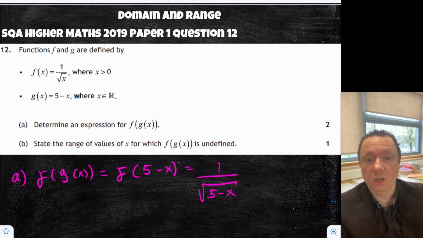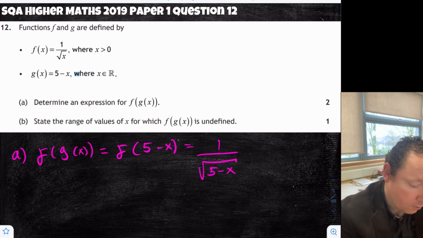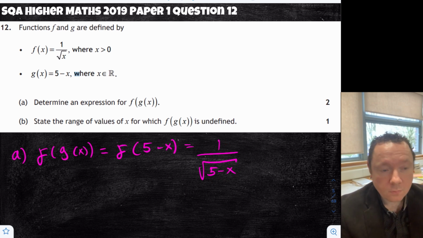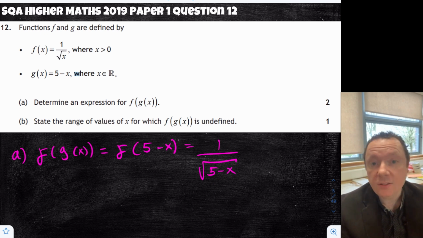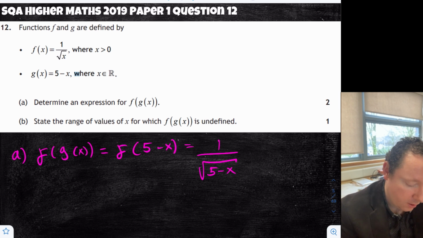And we're done there. Part B, state the range of values for which f of g of x is undefined. Well, it's undefined when either this is 0, because you can't divide by 0, or when 5 minus x is less than 0, because you can't square root a negative number to get a real value.